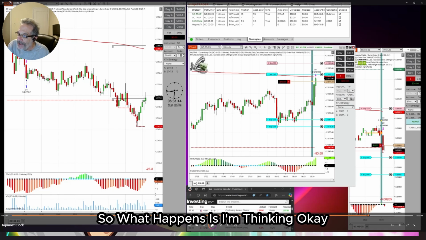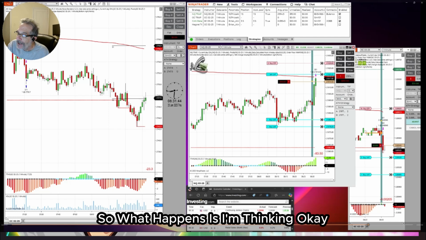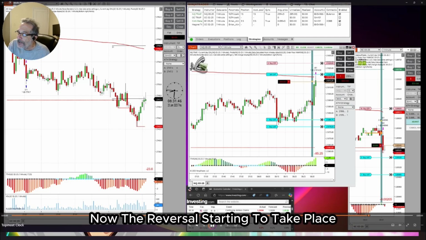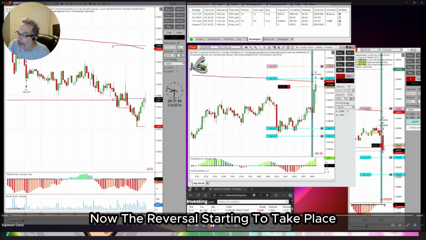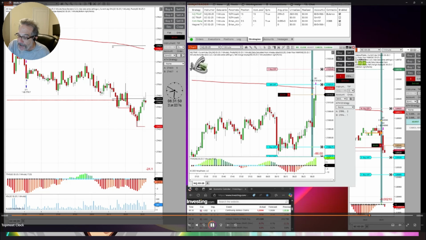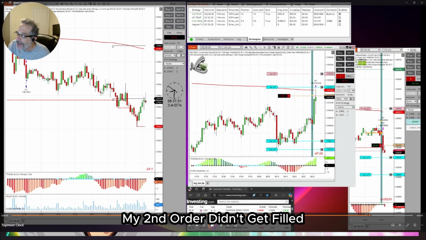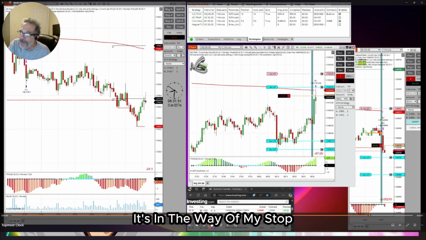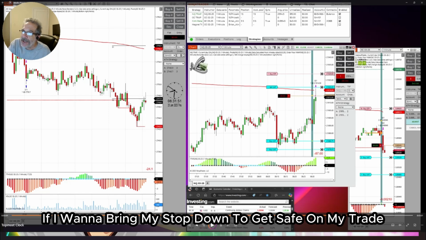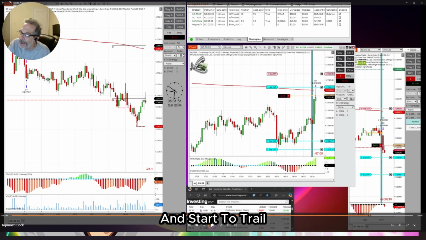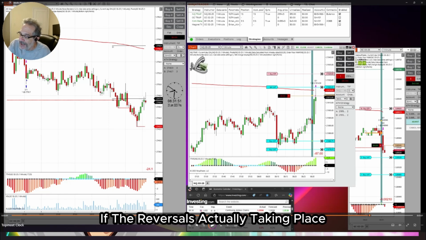So what happens is I'm thinking, okay, now the reversal's starting to take place, but I have a problem. My second order didn't get filled. It's in the way of my stop. If I want to bring my stop down to get safe on my trade and start to trail if the reversal's actually taking place.